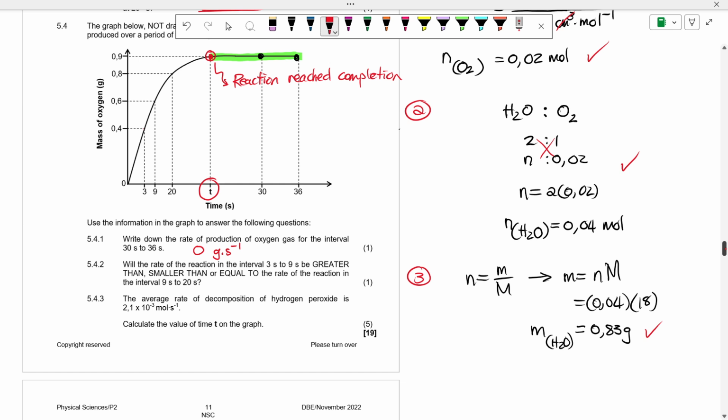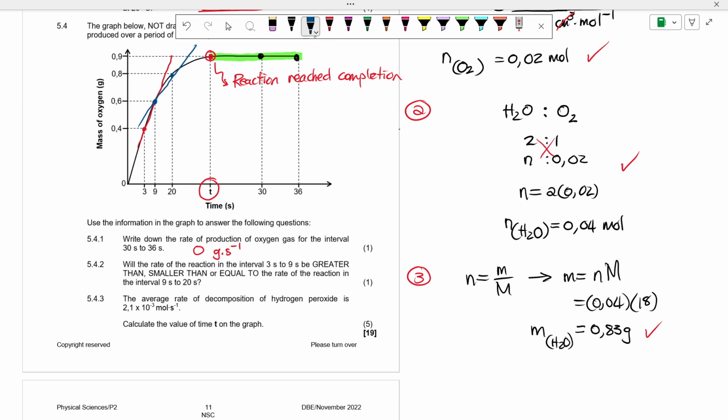So I'm just gonna mark 3 to 9, and I don't know if I can draw a straight line to show the gradient there. Okay, not very easy, but there it is. Then we're also looking at 9 to 20. I'll just use a blue pen to mark that gradient. There it is. Then the question is: is the 3 to 9 greater than the 9 to 20, or is it smaller or equal? No reason is required.